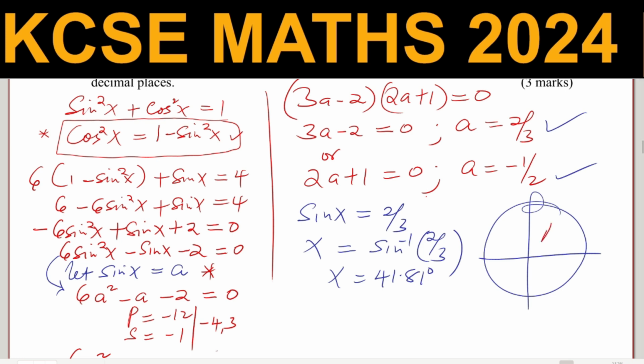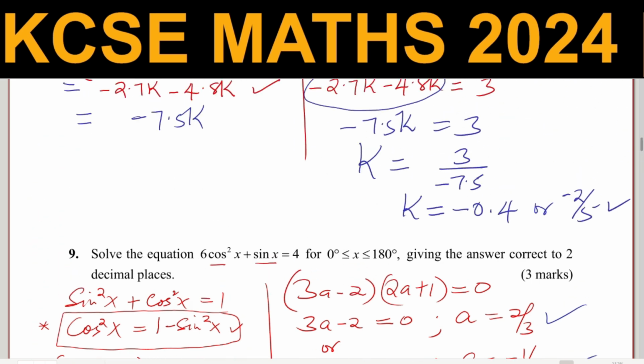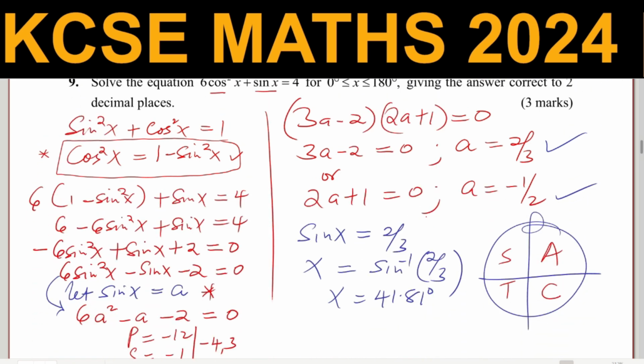Now that is the first angle, and look at the range that you're given here. You have All Students Take Coffee. In a unit circle, the range is given between 0 and 180, and those angles will fall in the first and second quadrant, where sine is positive. So we already have 41.81, that is in the first quadrant.